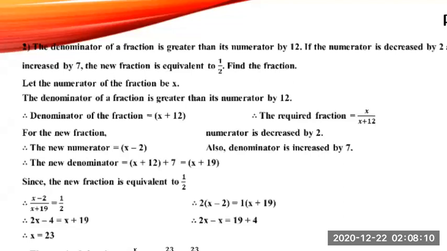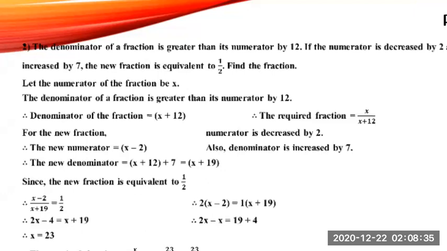Now we will start with the second sum. The second sum is: the denominator of a fraction is greater than its numerator by 12. See the question. The denominator of a fraction is greater than its numerator by 12.